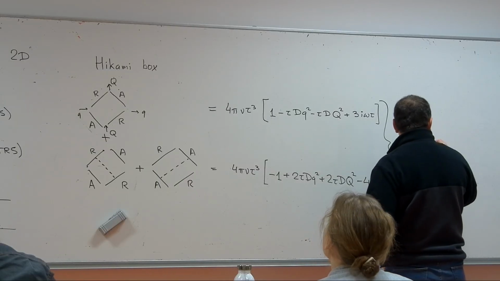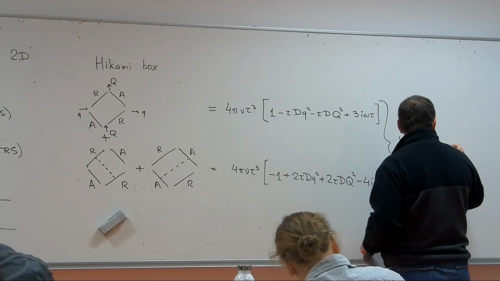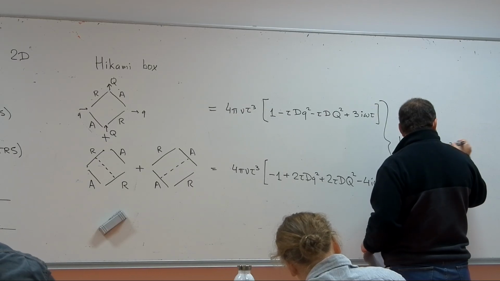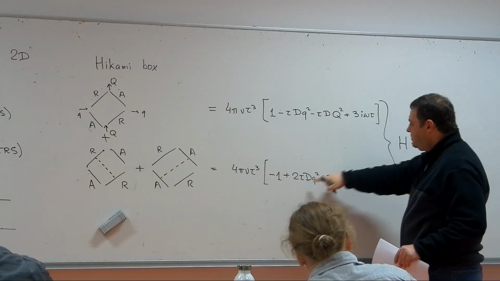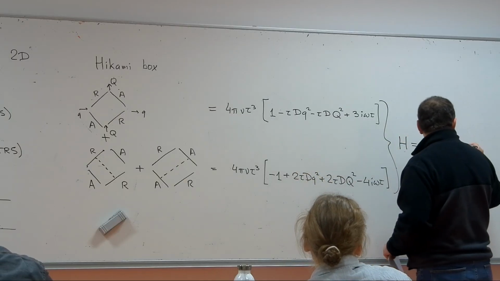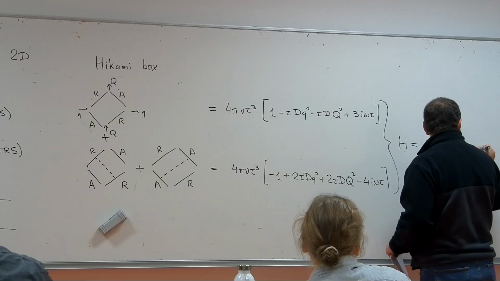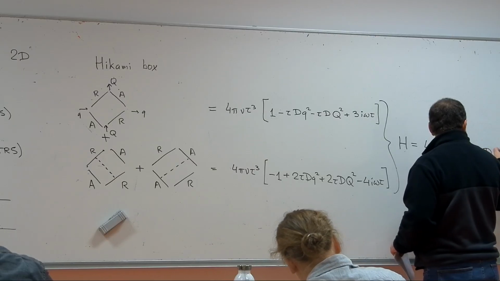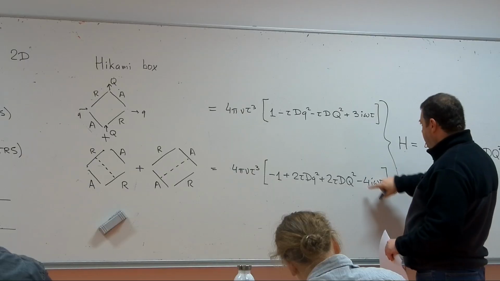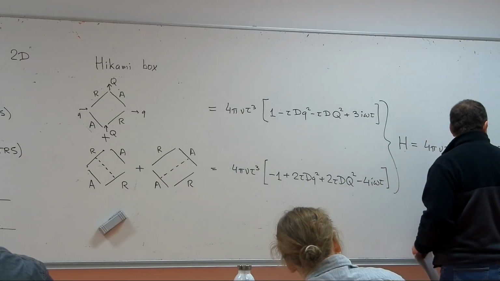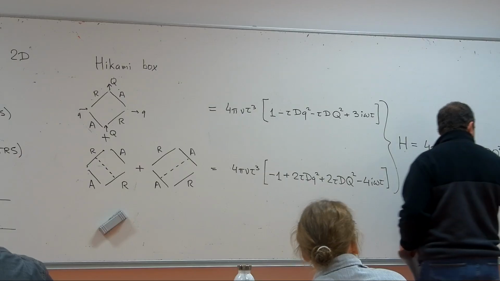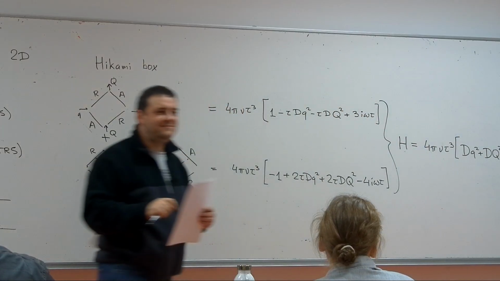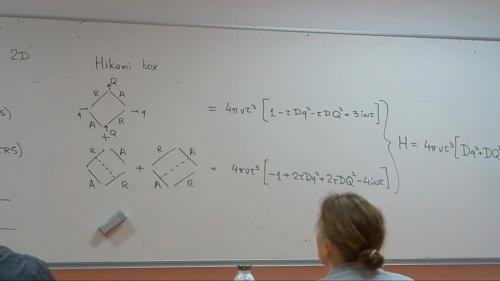So it's 4 pi nu tau squared, nu tau cubed, 2 minus 1, dq squared plus d capital Q squared, and 3 minus 4, minus I omega. Right? This is the hard part. This one I didn't do at home.